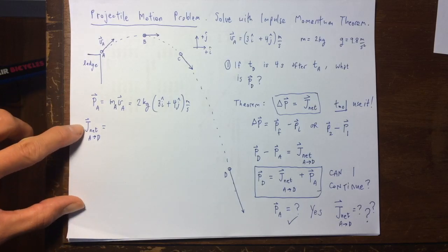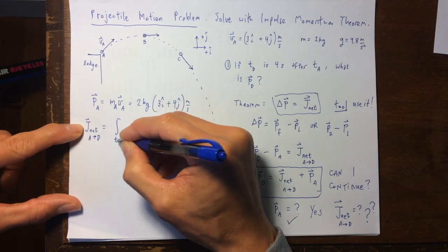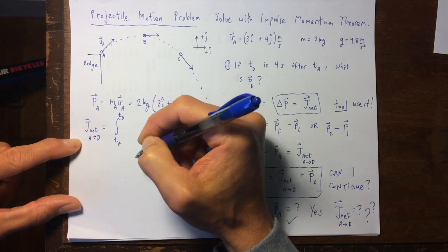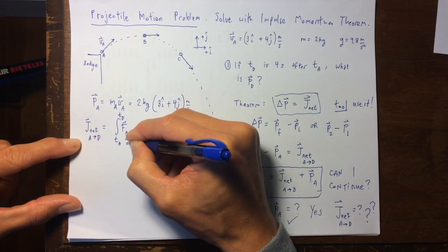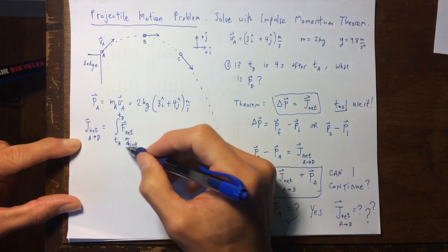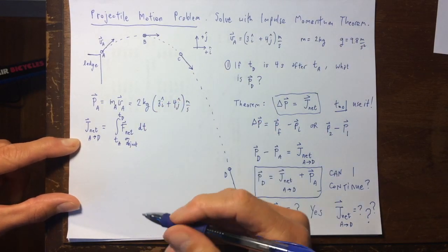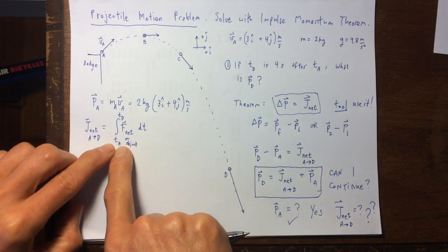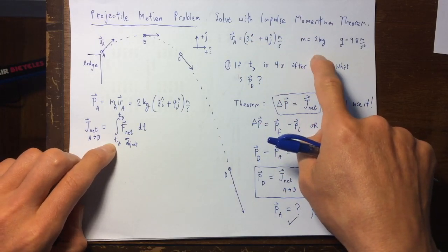Okay, but anyways, let's follow our nose. So this, by definition, is going from time A to time D using the net force on the object. The object is the 2 kilogram object, right? So I want to know the net force, and I need to integrate it in time. So T sub A, I don't know. It doesn't tell me that T sub A is 1 second or 5 seconds or 50 seconds.